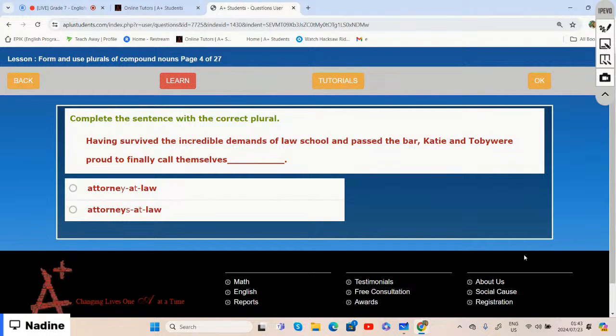Right, and if we were to complete the sentence with the correct plural, remember plural refers to more than one thing, place, animal, or person.